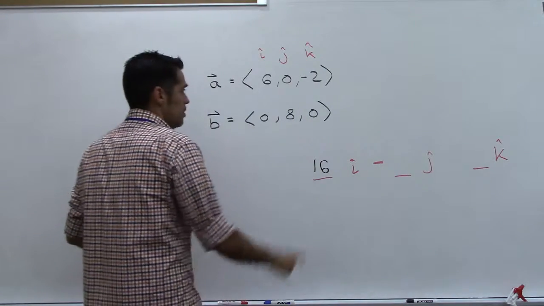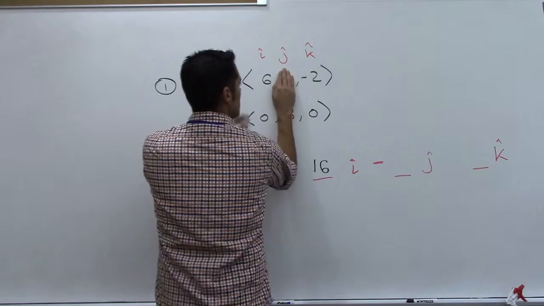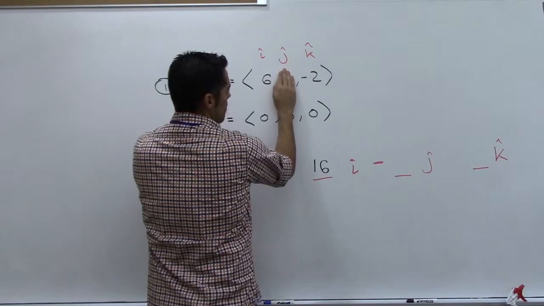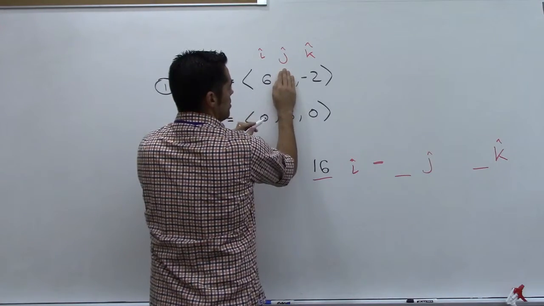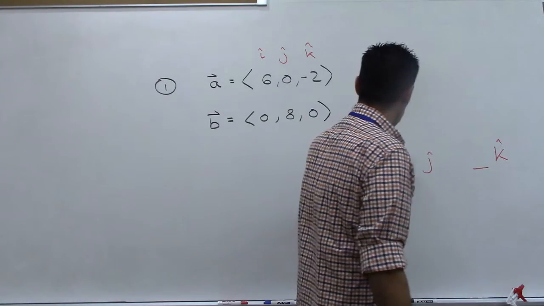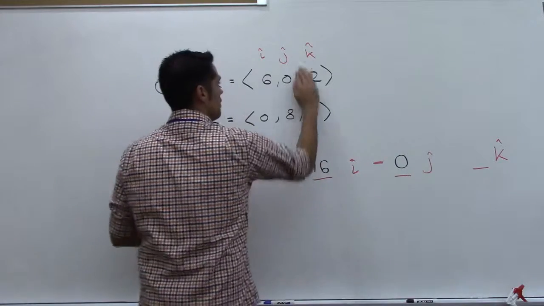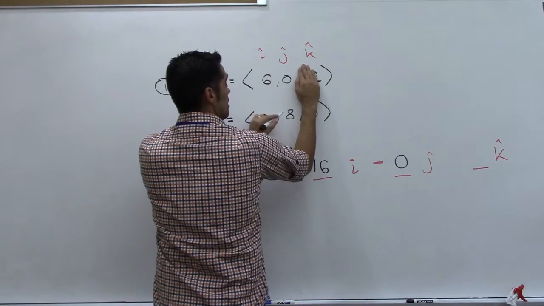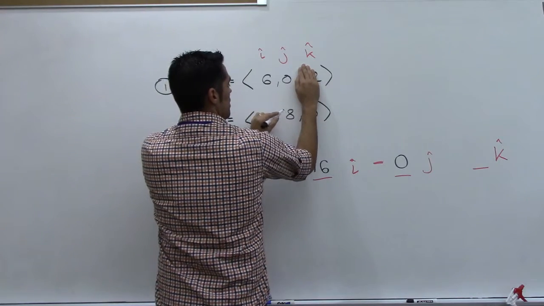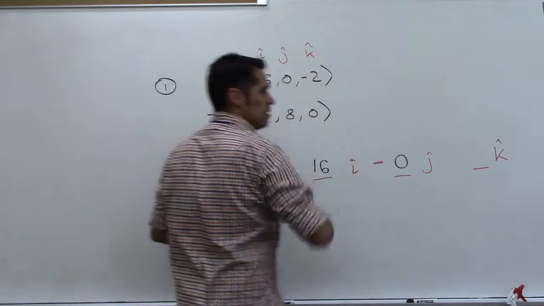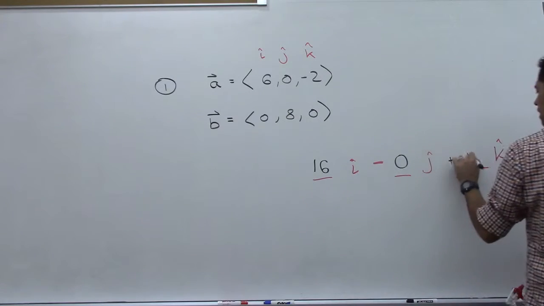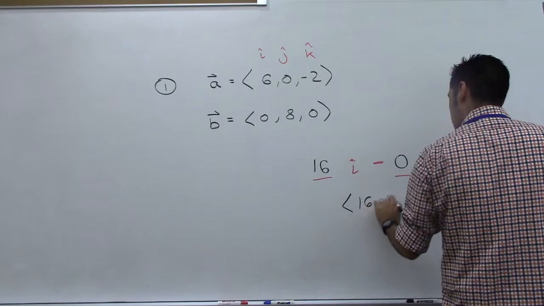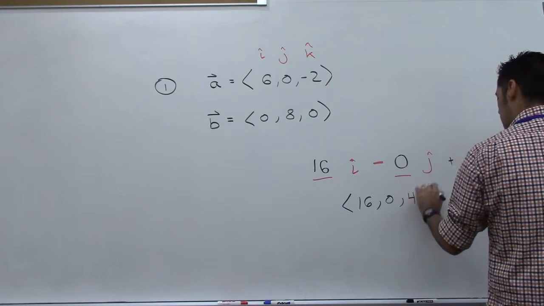And now to find out what J is, cover up the middle, and we do this 2 by 2 matrix. 6 times 0 is 0, minus 0 times negative 2 is still 0, so it's just going to be 0. And then for K, we cover up these two, and we do 6 times 8, which is 48, and then we subtract from that 0, so it's just positive 48. And so we get the vector 16, 0, 48.